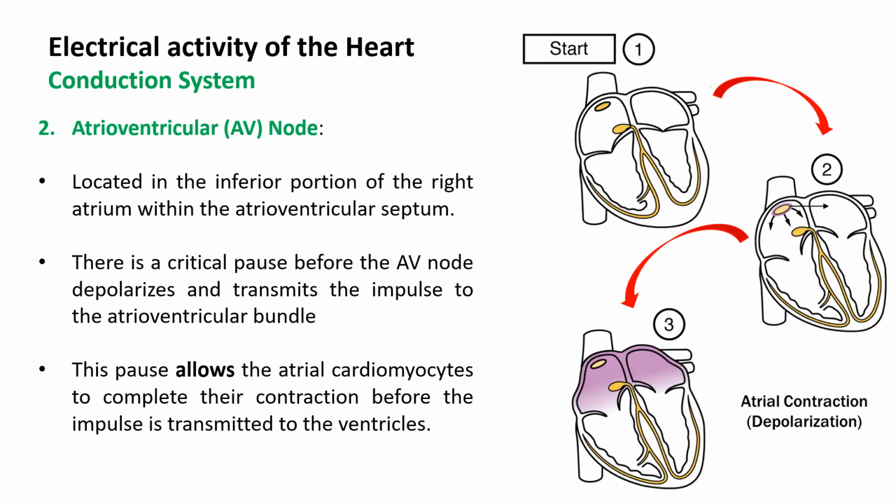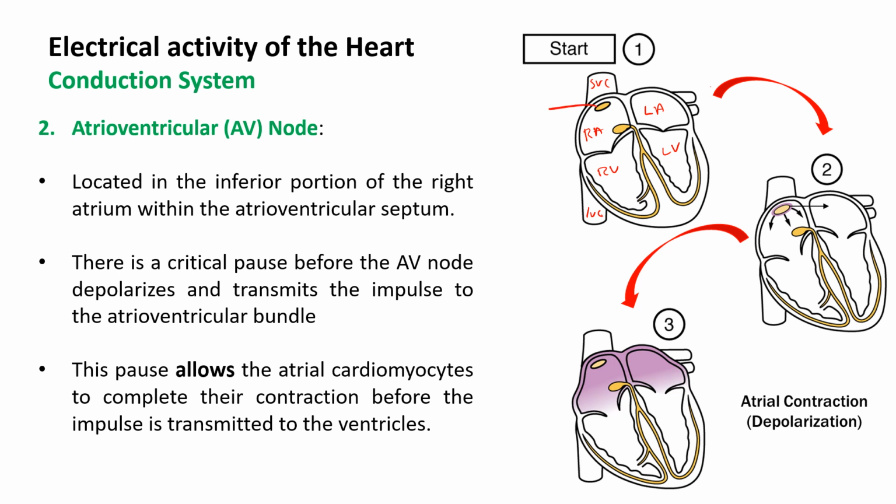All right, let's review these quickly, and it's better if we just look at the pictures. All right, so we have the superior vena cava, we have the inferior vena cava. This is, of course, the right atrium, right ventricle, left atrium, left ventricle.